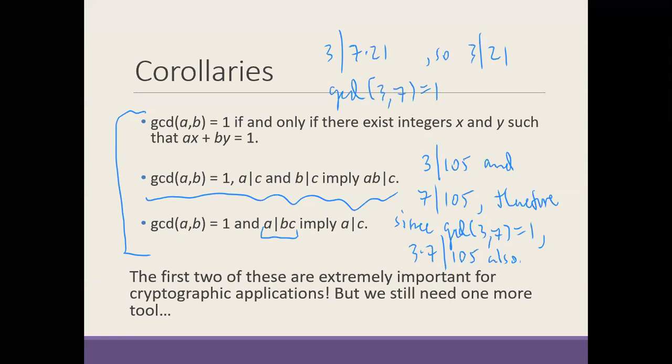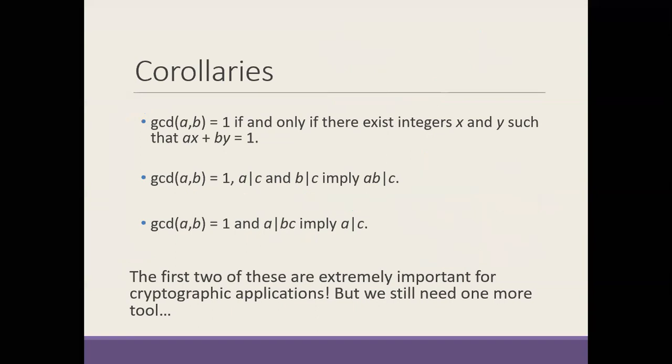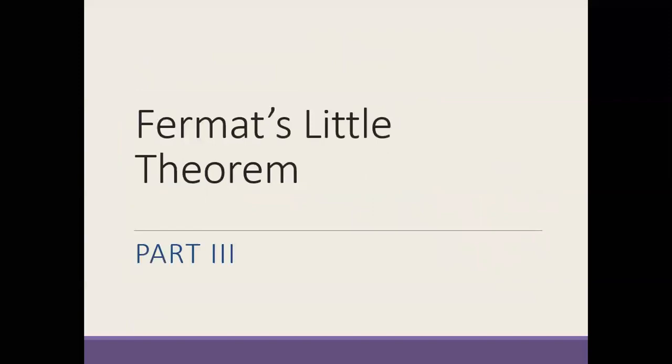There's one more ingredient that we need. It's called Fermat's little theorem, as opposed to Fermat's big theorem. One group already talked about Fermat a little bit. Fermat's little theorem is extremely important, and it's going to be the very last ingredient that we need.